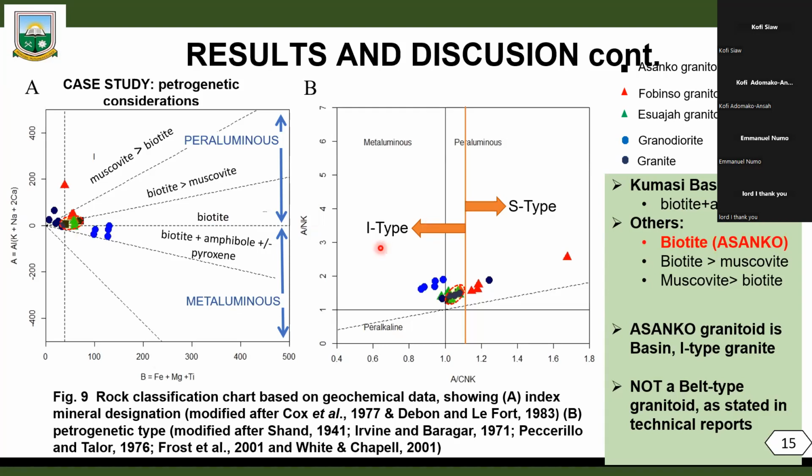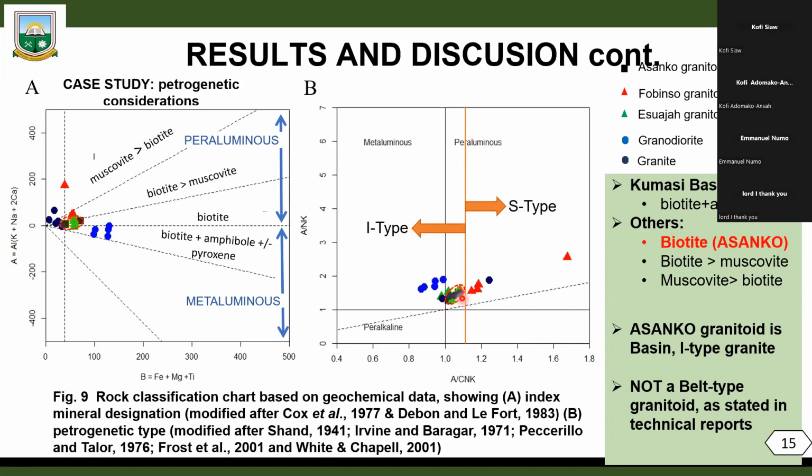the alumina saturation index diagram, and again, the Asanko granitoids are plotting within what we call the I-type zone. First of all, we are looking at the peraluminous zone, which means that it has more alumina content compared to sodium and potassium.